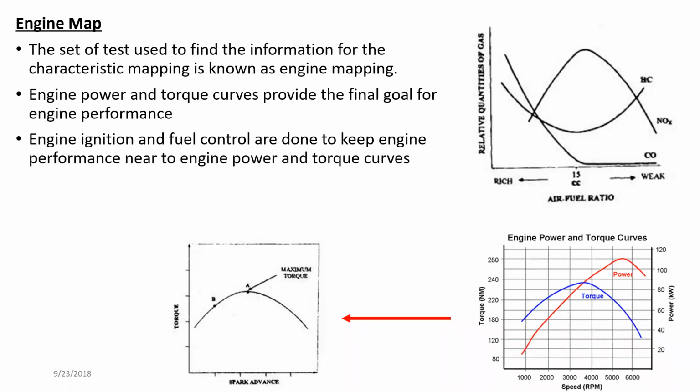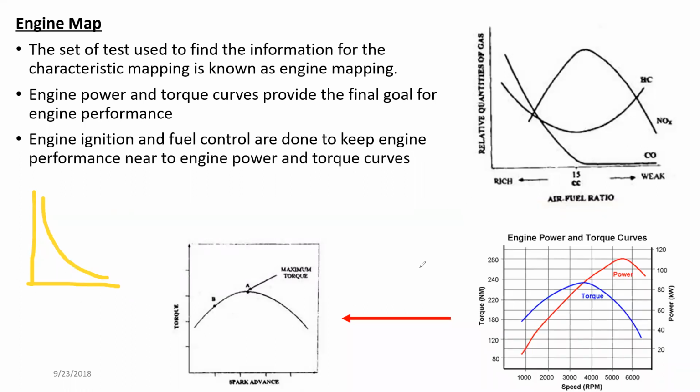For any vehicle to operate in its optimum condition, a torque and power curve is necessary, right? So the ideal torque and power curve. The ideal torque curve is something like this, right?